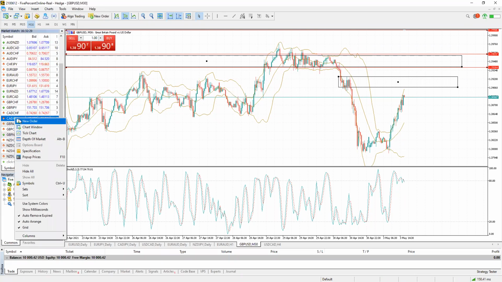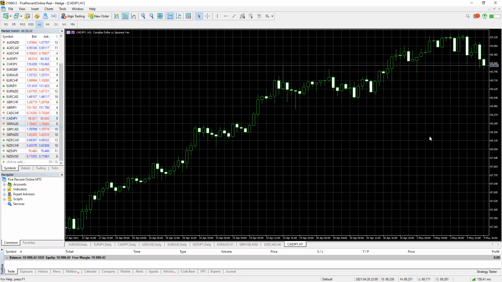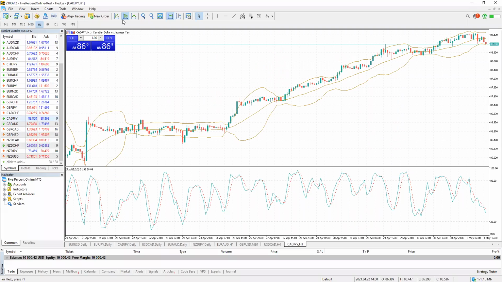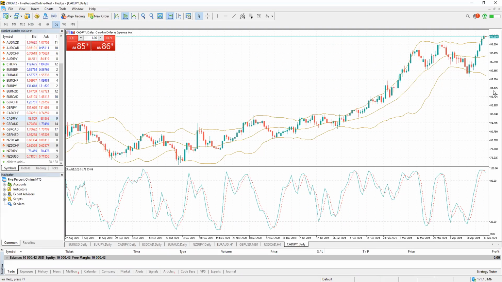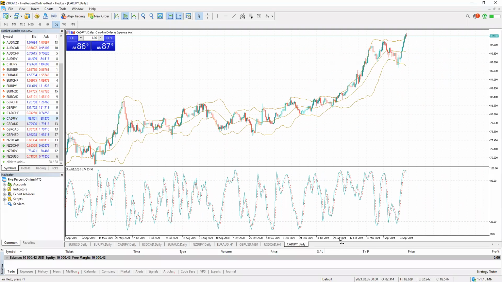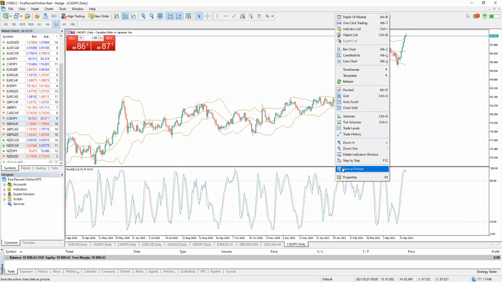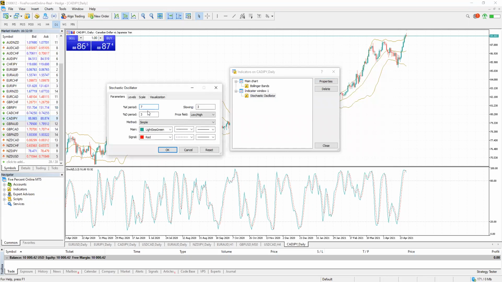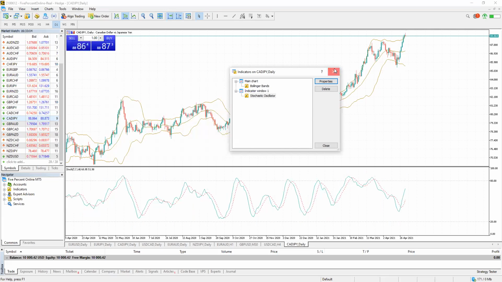Okay, CAD JPY. Let me check. Can you check that to sell at the range? I will just remove that. 7, 7, and 14, okay, I prefer.